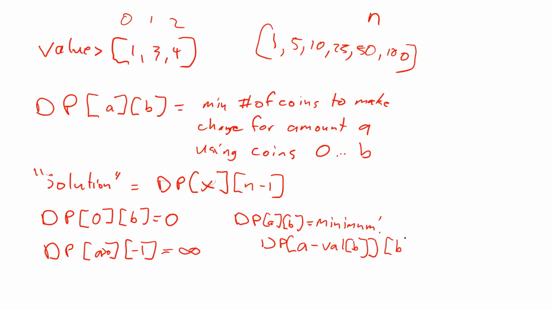And we still have coins from 1 to b to choose from, and we've used one coin. The other option is we choose not to use a coin of value b, which means we still have a problem of size a, and we're left with one less coin to choose from.